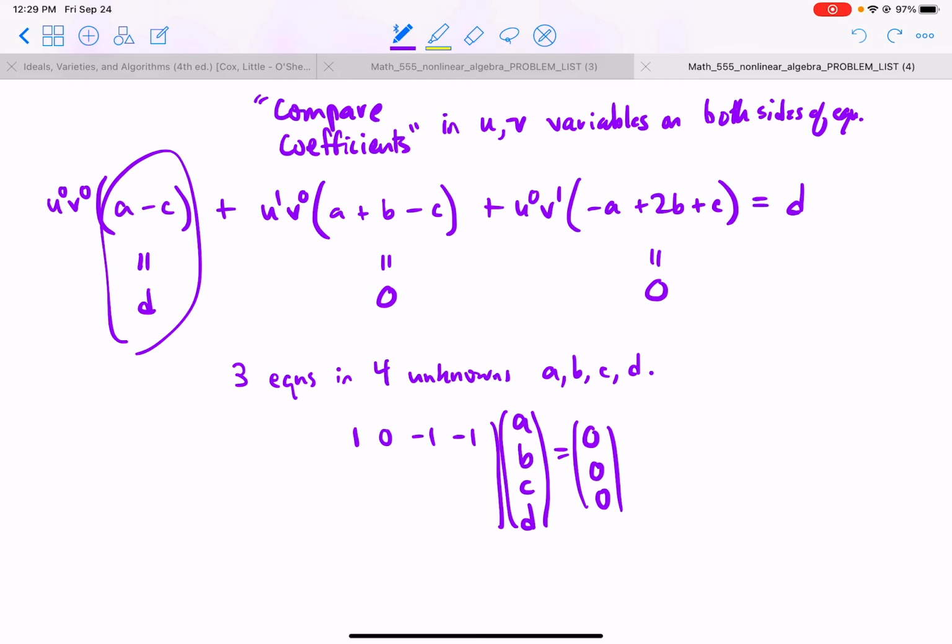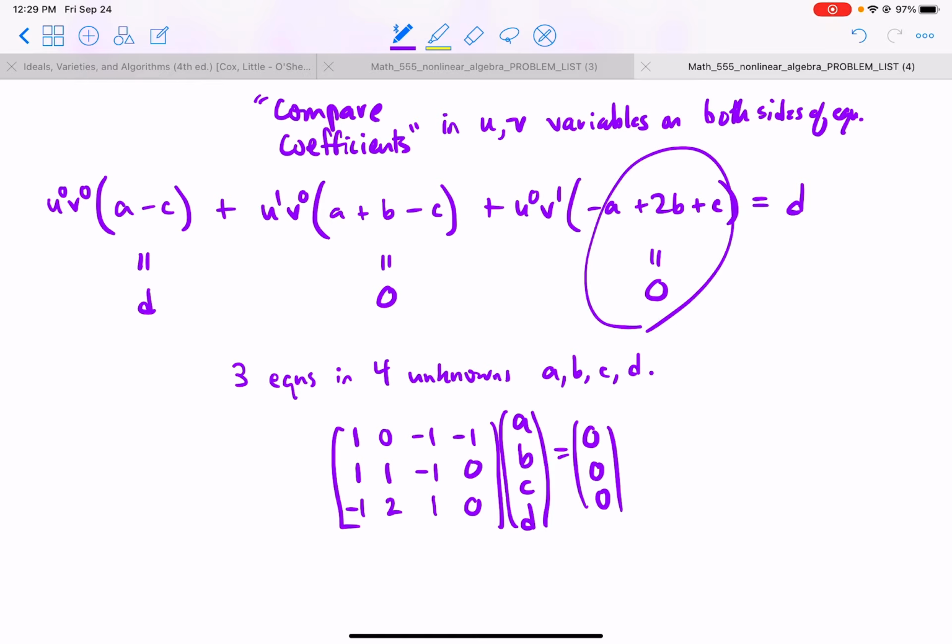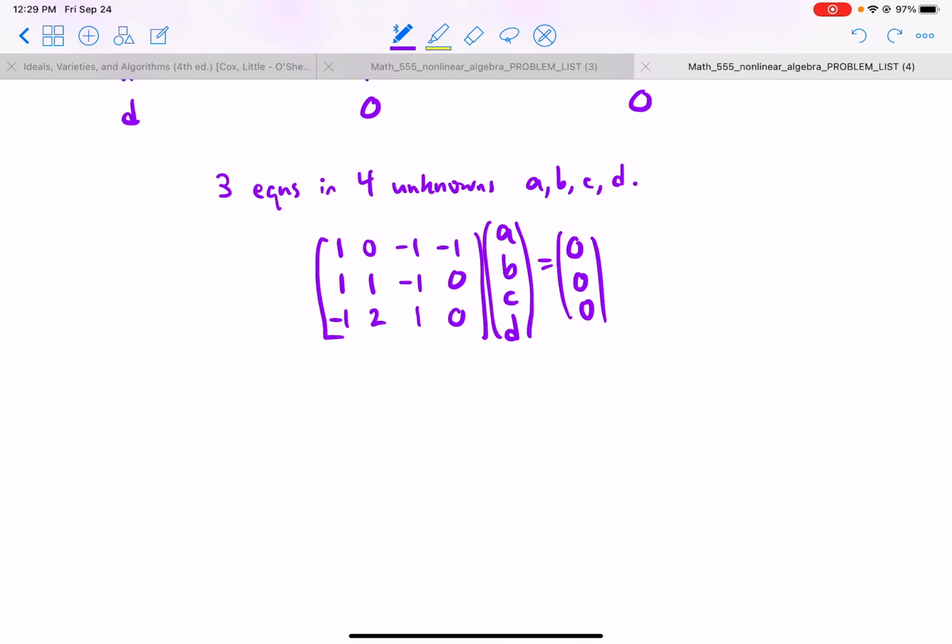Pause and make sure you understood what I did. My second equation here became my second row. Figure out what I did. Third equation became third row. Now I just solve. This is now linear algebra. Linear algebra is the first step towards nonlinear algebra.